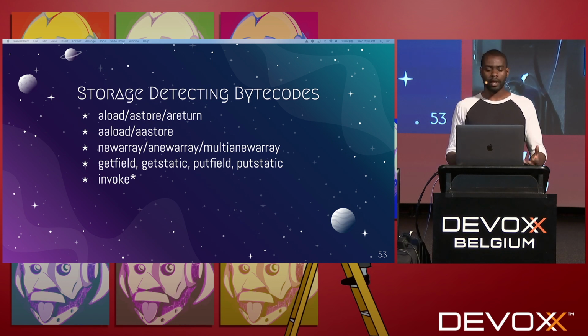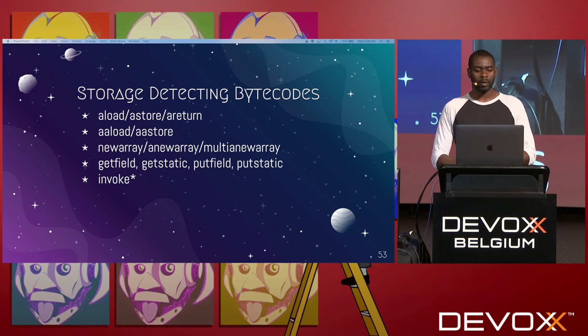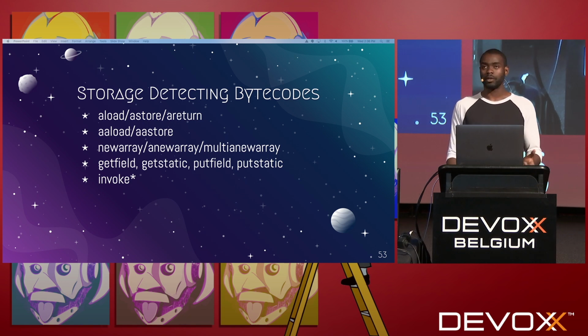There are also bytecodes that have to be modified to detect the storage of an inline type. Since inline types can be flattened, you have to know what size they are. Currently, reference types are always reference sized, so these bytecodes don't need to know anything about the type. They can assume that they're dealing with something that's reference sized. But with inline types, more work needs to be done. If the JVM chooses to buffer inline types, then the aload, astore, areturn bytecodes will have to be aware of this.